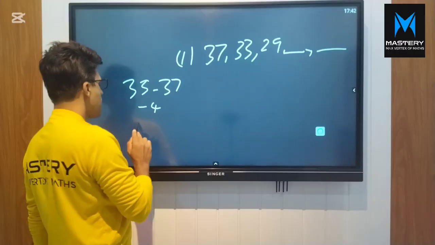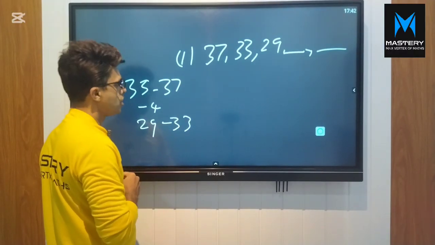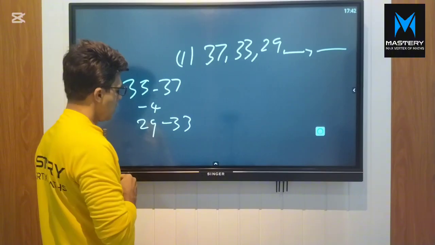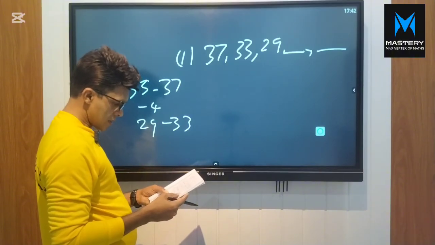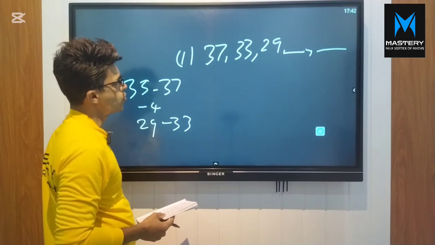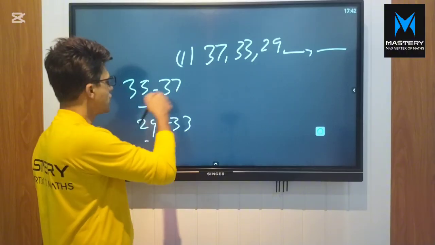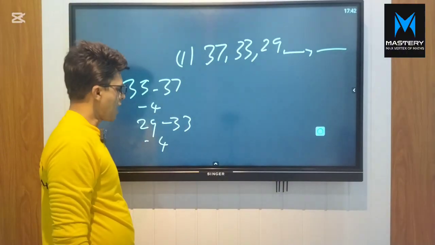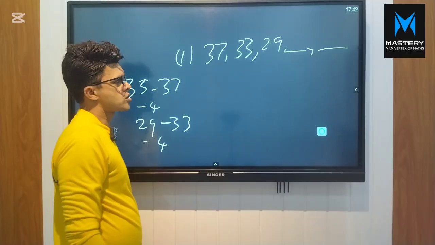And you are able to get 29 minus 33 as well, which is minus 4. So 33 minus 37 is minus 4, 29 minus 33 is minus 4. Anyway, minus 4 is what you need to subtract.